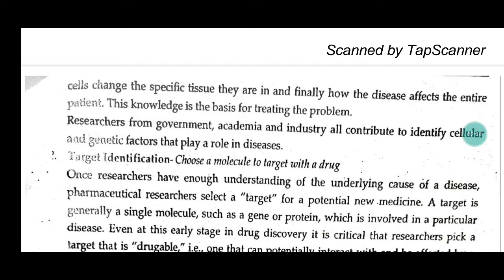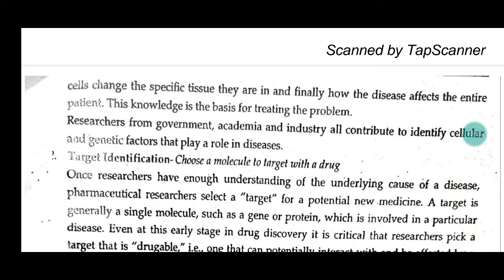The second is target identification. We have to target which part, which organ, which tissues the drug can be given to. So choose a molecule to target with a drug.